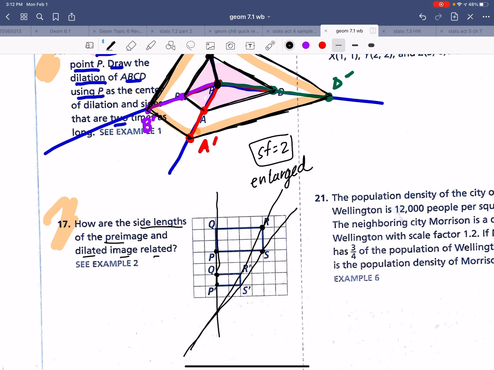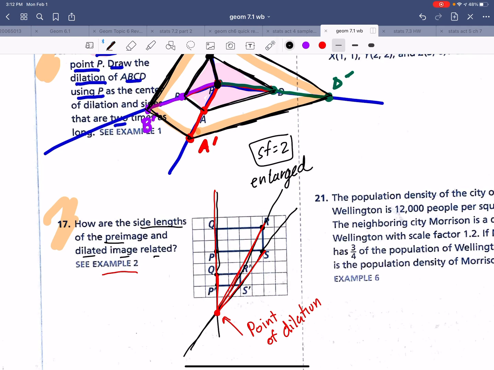So it looks like here is my point of dilation where they intersect. And this is like our example 2 in class. How are these sides related?